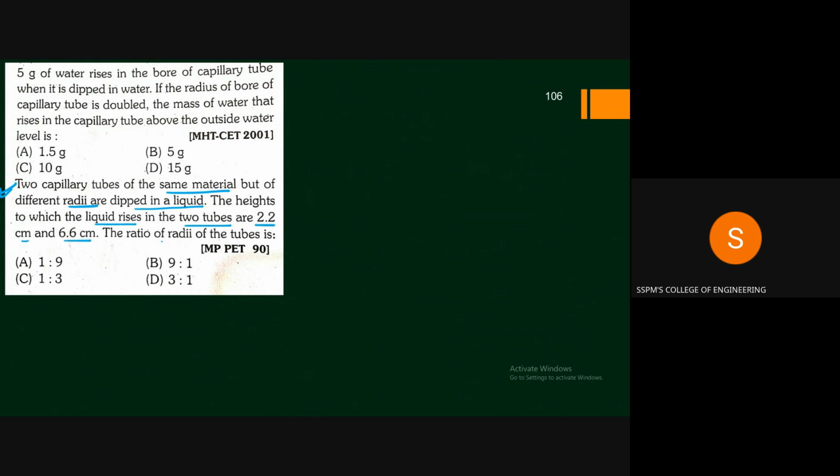The ratio of radii of the tubes is? So we have to find out the ratio of their radii. So two capillary tubes. This is the first tube that has a radius r1. This is the second tube that has a radius r2. So they are dipped in some liquid.